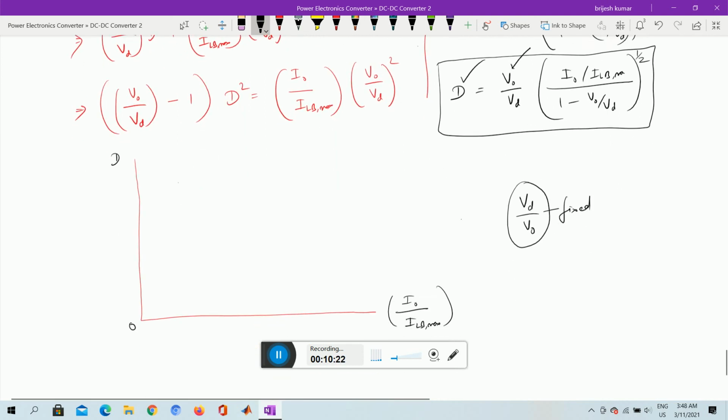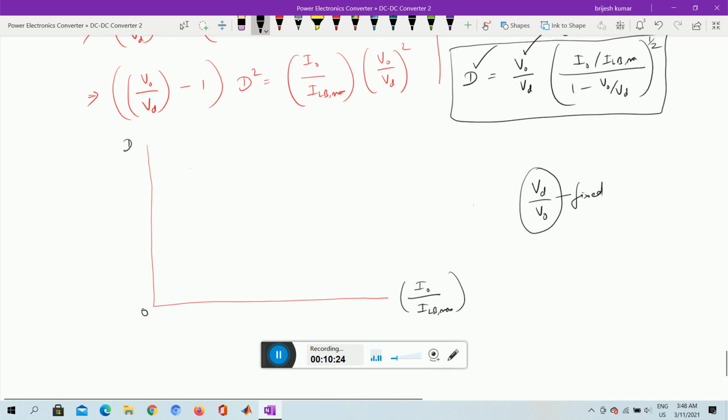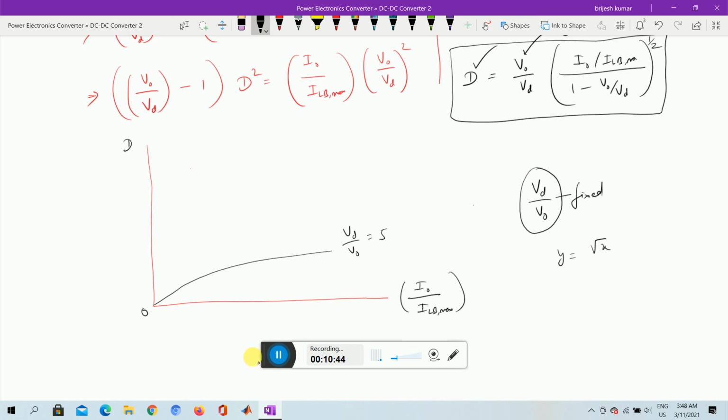So here after getting root over a term, y is equal to, these are the constants, so you have a root over of x. So you will get a term like this for a particular value of Vd by V0 is equal to, let us say, 5.